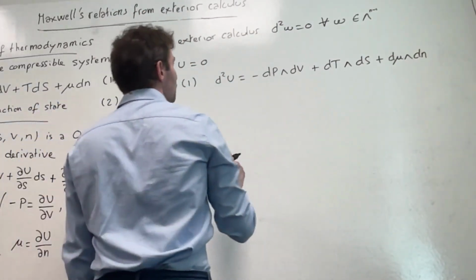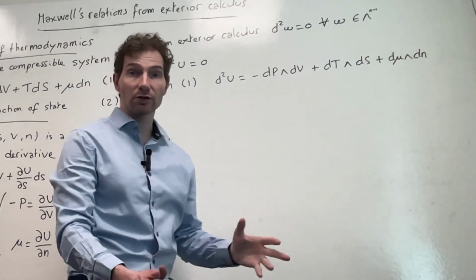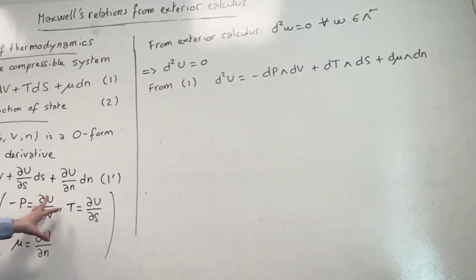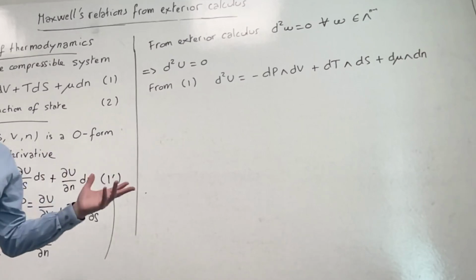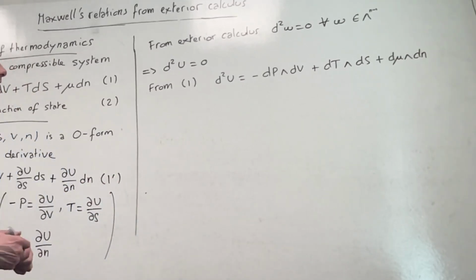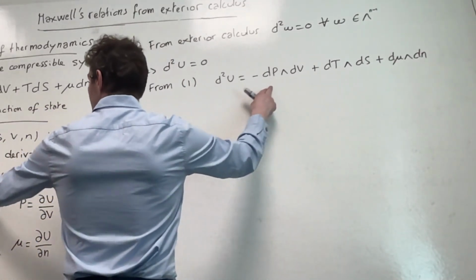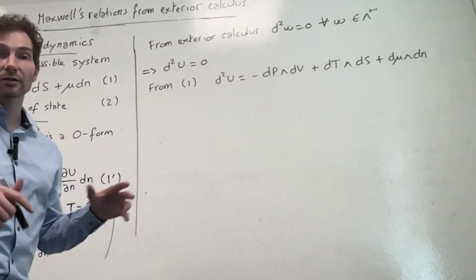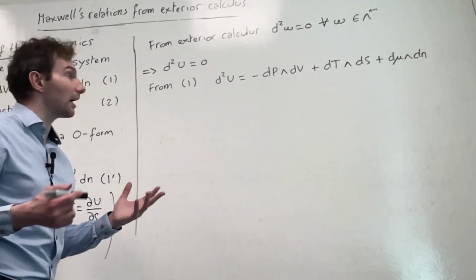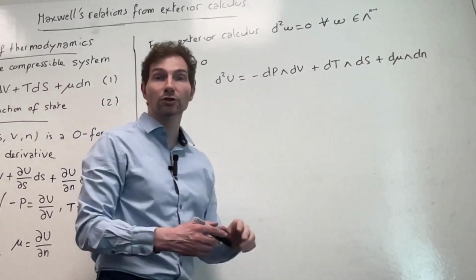Now, remember that dp here is a partial derivative of u, and u is a function of S, V and N, therefore p is going to be a natural function of S, V and N. So the only thing I can do is write dp by using the same exterior derivative formula, but I know that the part in dv is going to contribute 0, so I'm not going to put it there.